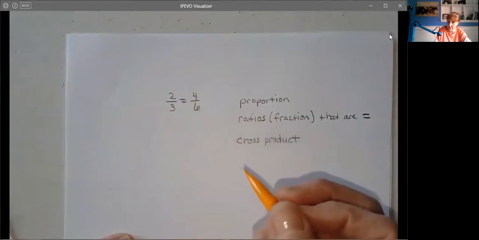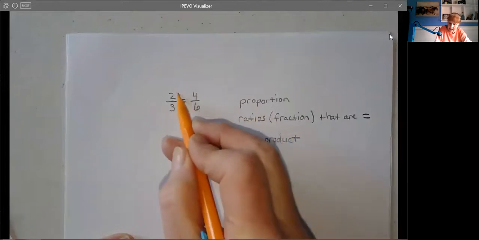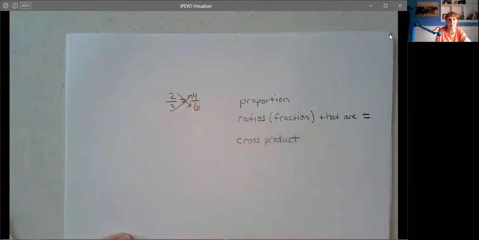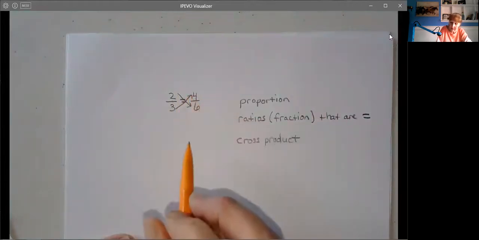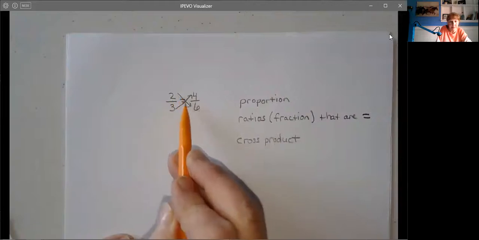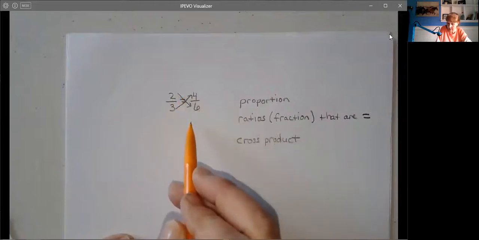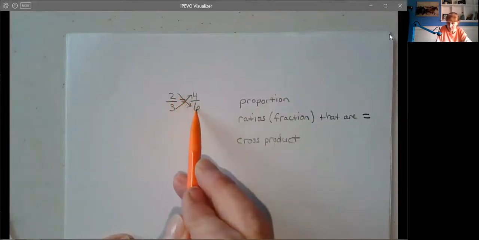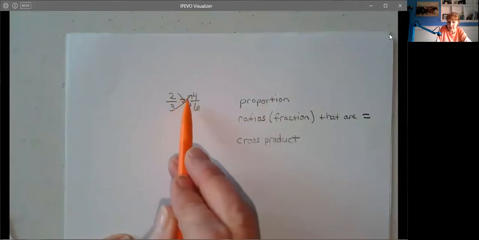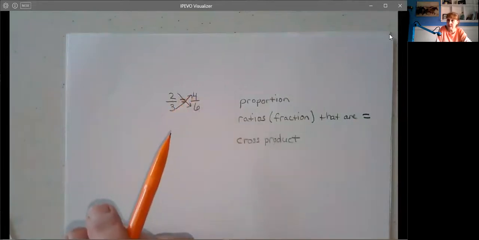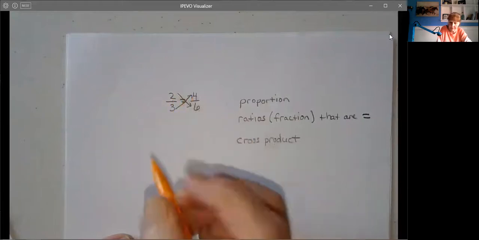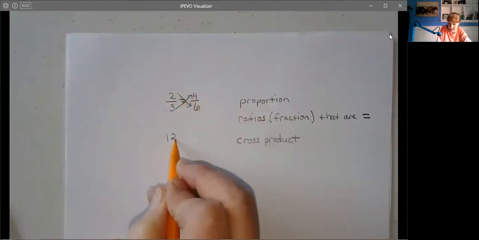And it's just what it says. You cross and you do the product. It doesn't matter which one you start with, the 2 times the 6 first, or 3 times 4 first. We'll do 2 times 6, which is 12.